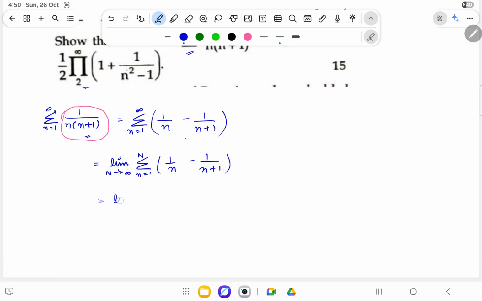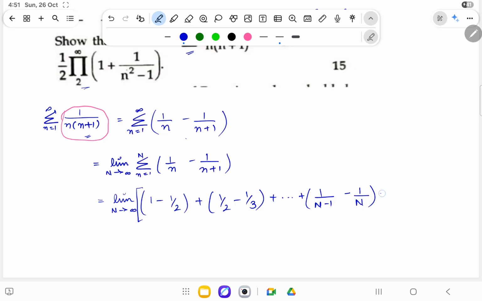If I just open the summation, what I'll get is 1 minus 1 by 2 plus 1 by 2 minus 1 by 3 and so on, plus 1 by capital N minus 1 by capital N plus 1.